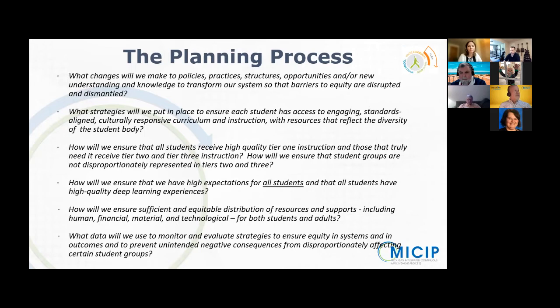You see that first question about changes to policies, practices, structures, and opportunities that are going to address any system inequities, as well as barriers in the system that don't provide equitable opportunities for our students or our adults.